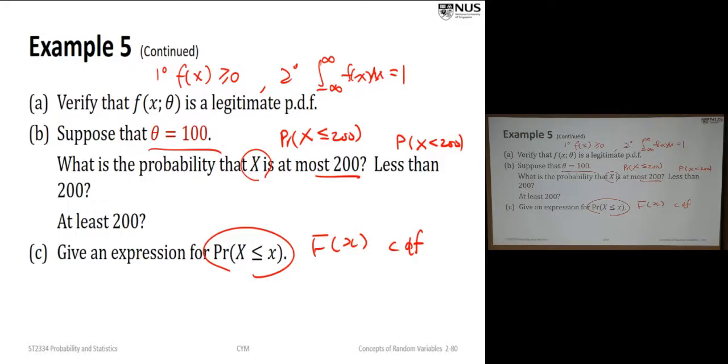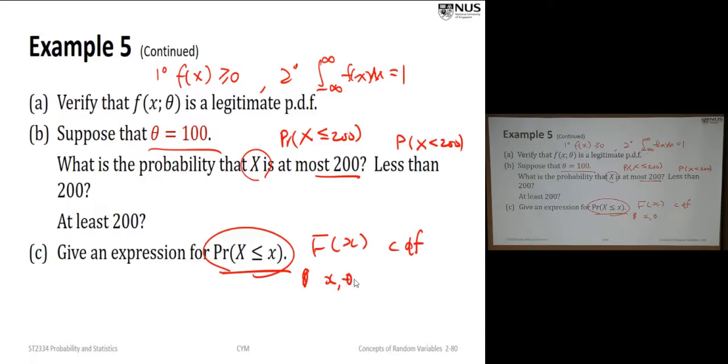Let me ask you, this one, you'll get the expression. So this expression is a function. Inside this expression, what will you see? Will you see x? All right?